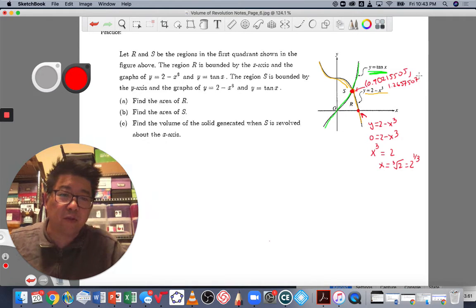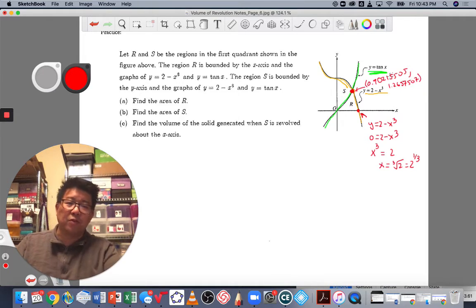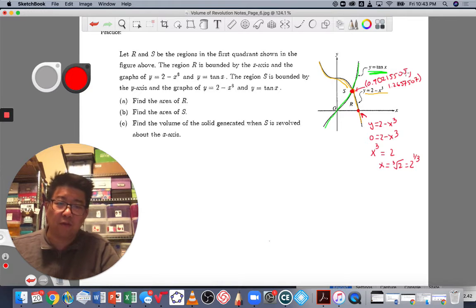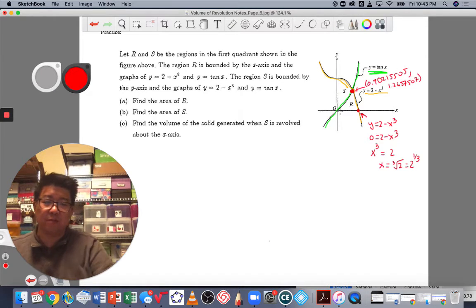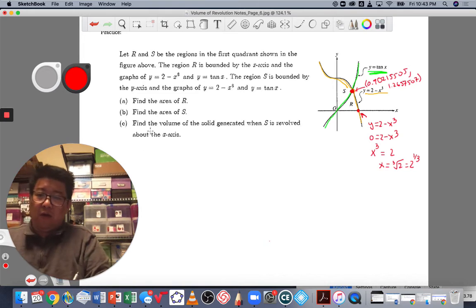But this one, the y value, we won't really need too much. We use all these decimals because we want all of the error to be here, not in the first 3 decimal places.